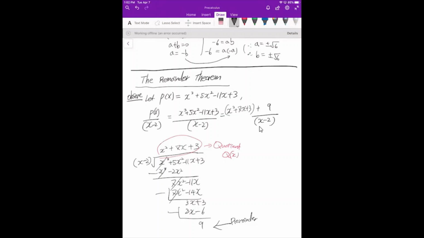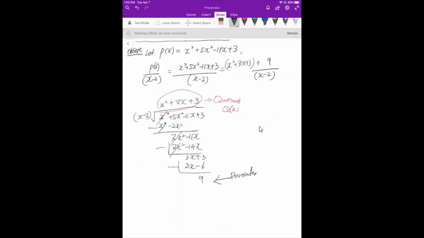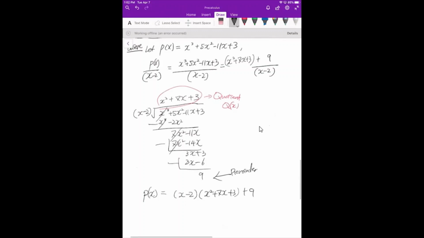So when you observe the whole process, you can rewrite it as P(x) is x minus 2, your divisor, multiplied by your quotient, plus 9, your remainder. Now, you don't have zeros here.